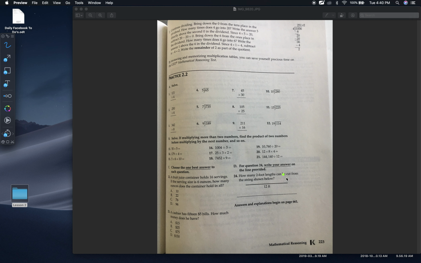Okay, a cashier has 15 $5 bills. How much money does he have? So again, a cashier has 15 $5 bills. So if you have one $5 bill... okay, well, let's say this way. Just imagine 15 $5 bills laying out on the table.